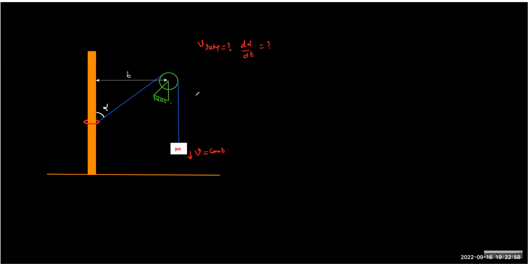Yes, tell me. I got d alpha by dt. It is v by x, where I took the vertical distance from the bangle as x. You have taken x from where?